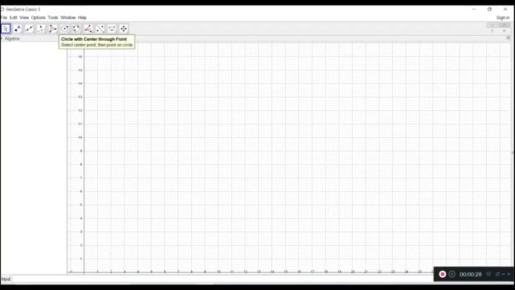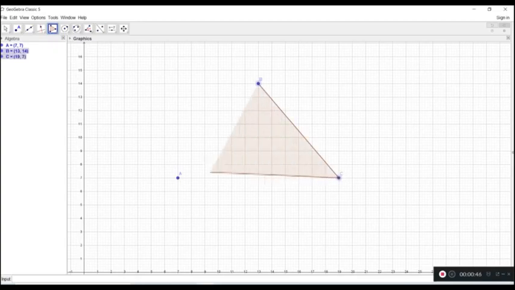So first we'll draw a triangle. Here ABC is a triangle, and we have to draw the perpendicular bisector of each side.